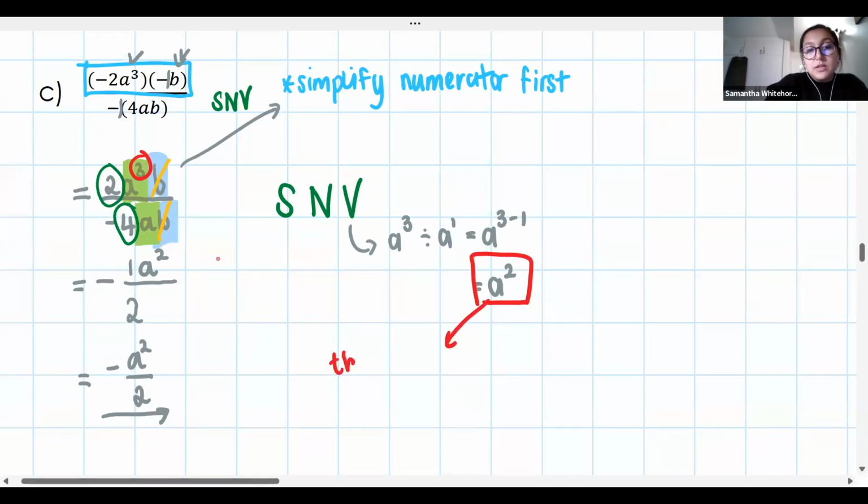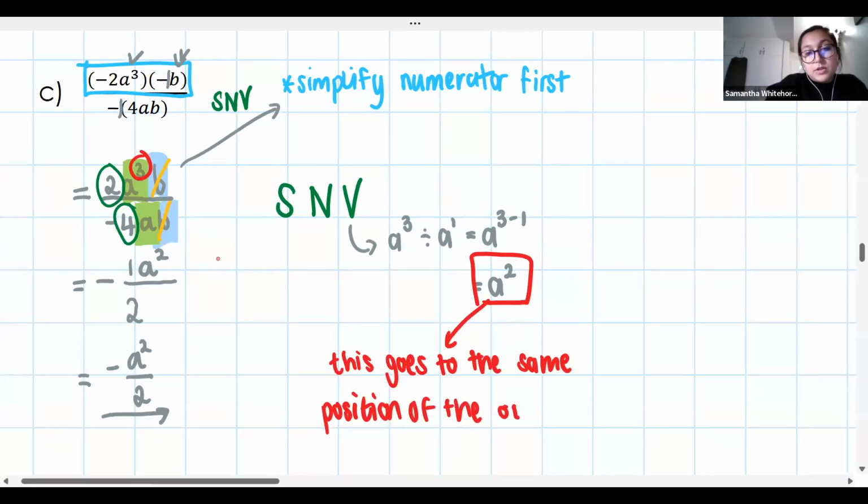This goes to the same position of the original biggest exponent of the variable. So because the biggest exponent of A was originally in the numerator, that answer goes in the numerator.